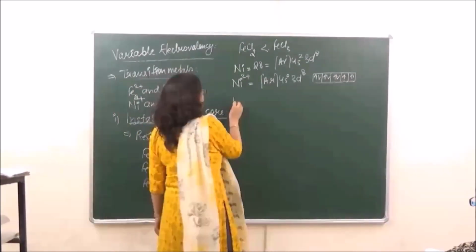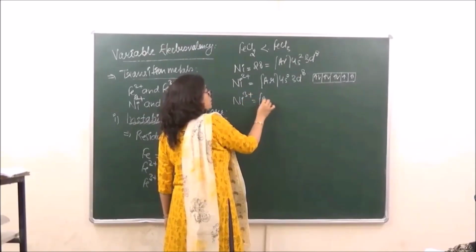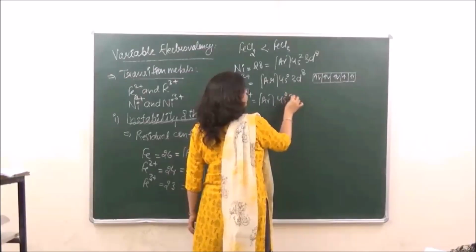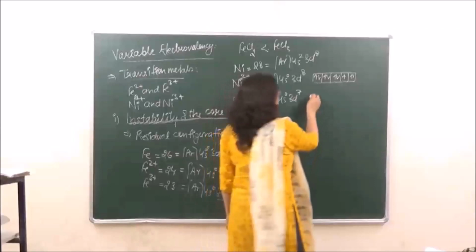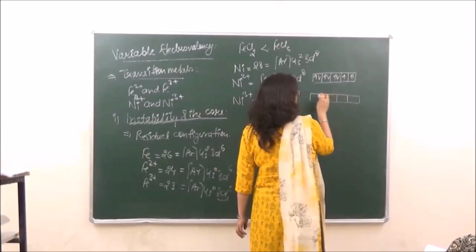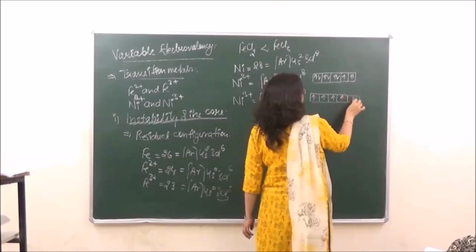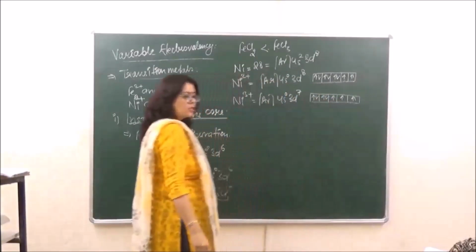Then if we go to Ni3+, the electronic configuration now becomes argon 4s0 3d7. Looking at the orbital picture, we have 1, 2, 3, 4, 5, 6 and 7 electrons. You can see 3 unpaired electrons.